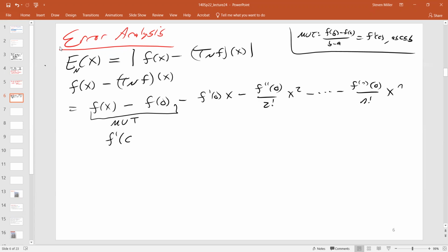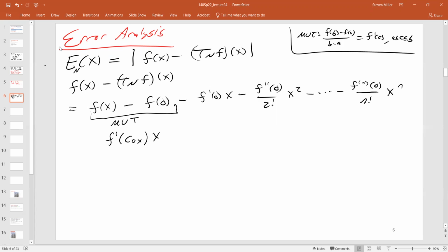I'm going to call it c_{0,x}, times x. And again, I'm trying to have good notation. The x is to remind myself that it's depending on the point x, and the 0 is that it's depending on the point 0.